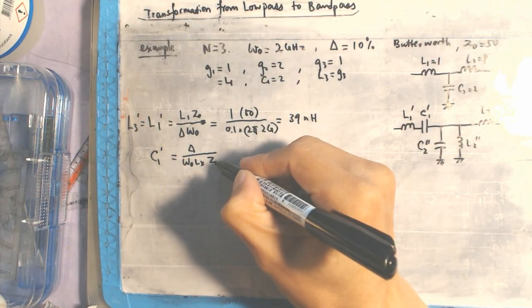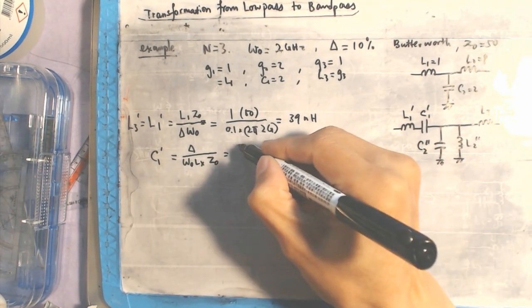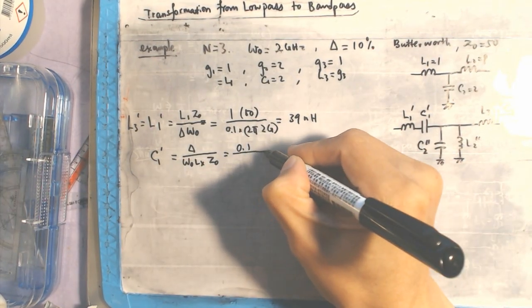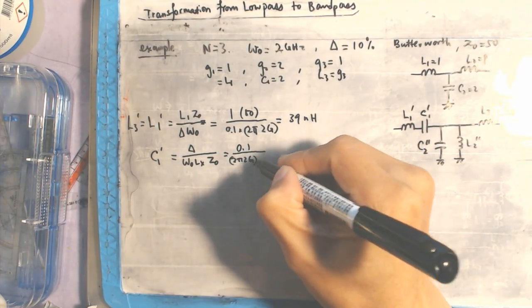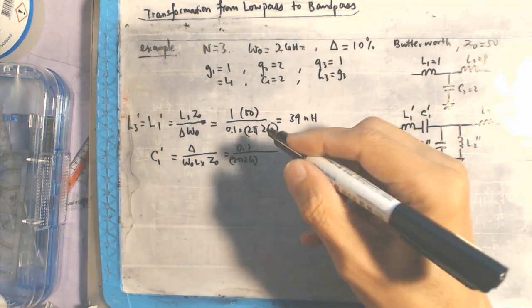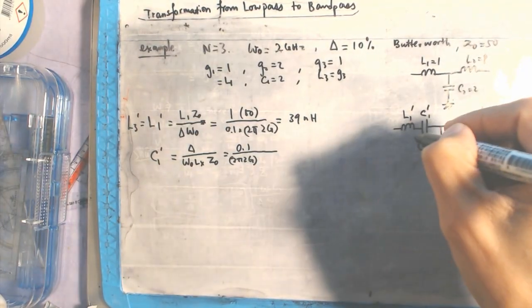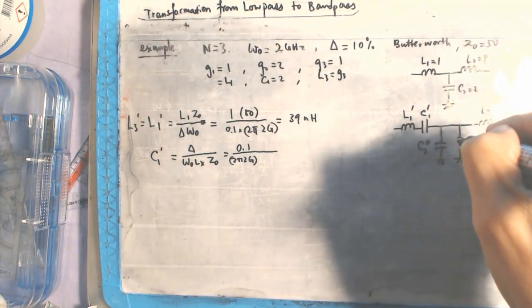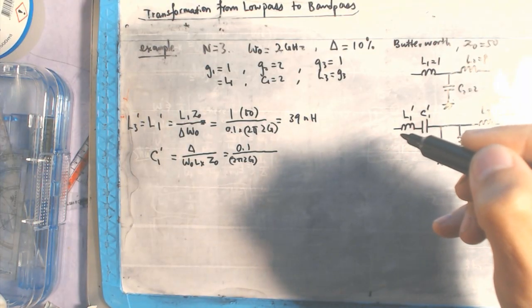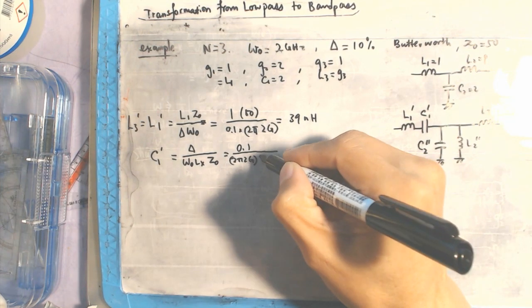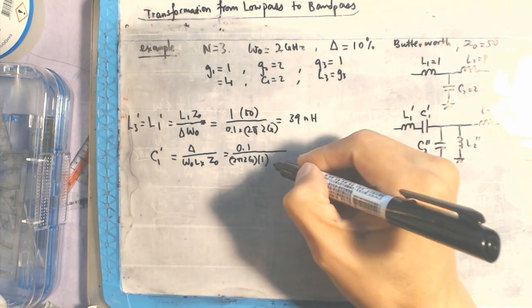So 0.1 and 2 pi 2 giga, and then the inductor value, which is 1, and then the characteristic impedance.